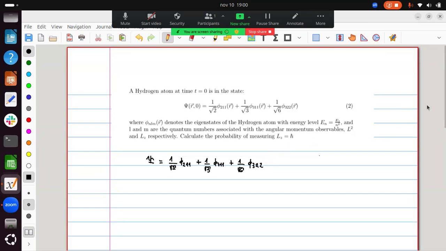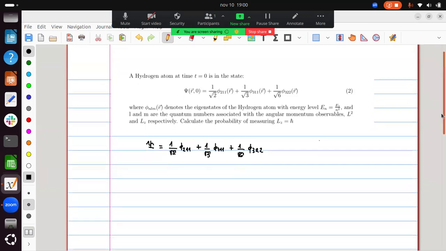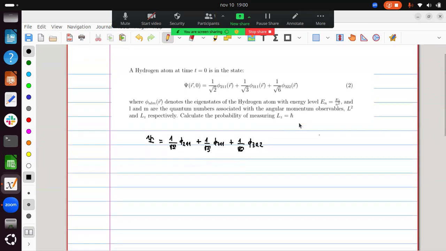So they are saying that the subindexes represent quantum numbers. So for instance, let's consider these numbers N, L, and M. Here we can notice that we only have two energy levels.